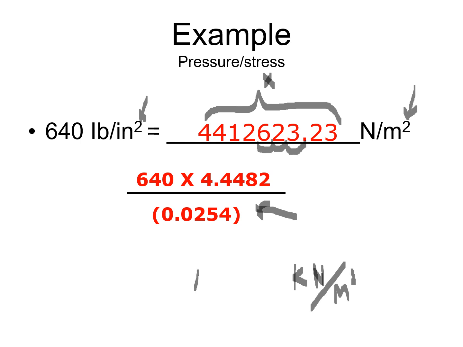The number now is only 4413 kilonewton per meter square. So this is a better unit because it reduces the usage of numbers with the same meaning.